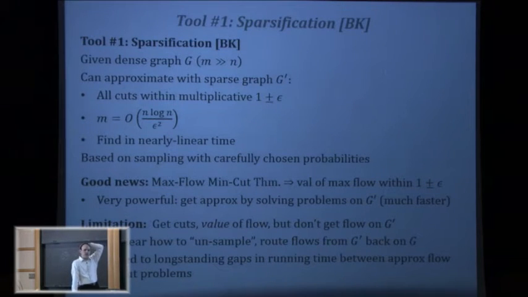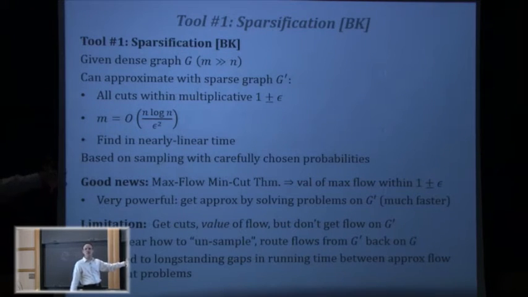Sorry? Approximate, you would get a flow or you would get a value? Right, so the point is that you could get the value by solving the cut problem. To actually get a flow, there was a slower running time to get the best flow.